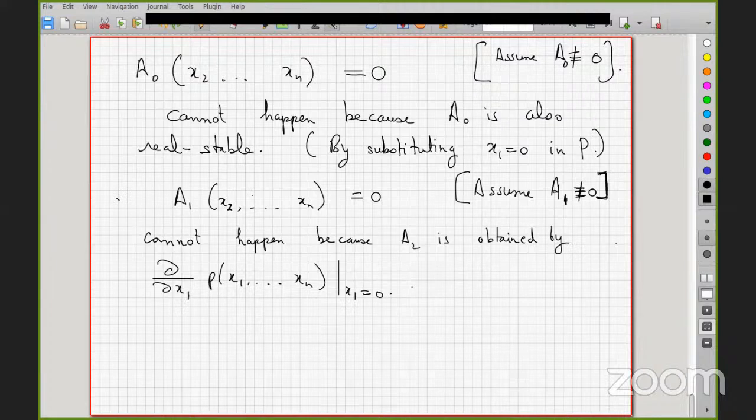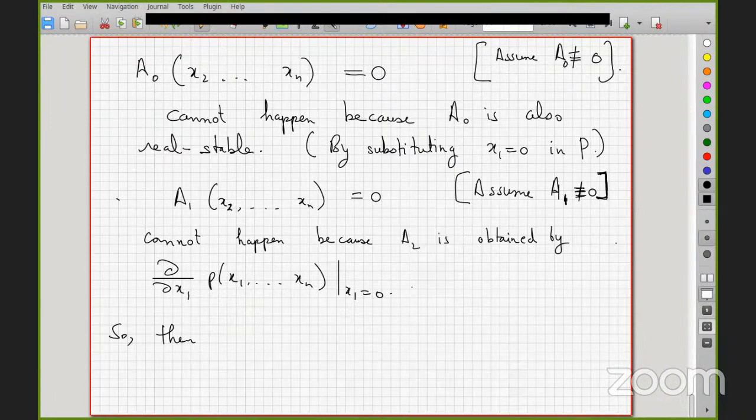So these two cannot happen, assuming of course that both are nonzero. Then our univariate argument already does it, except for this thing that you have to worry about.